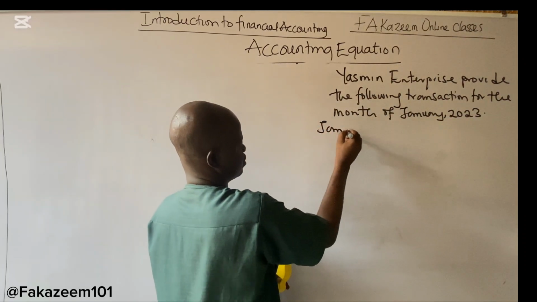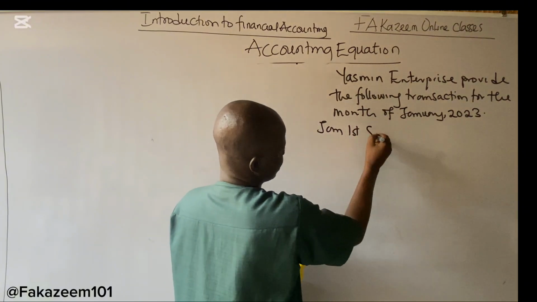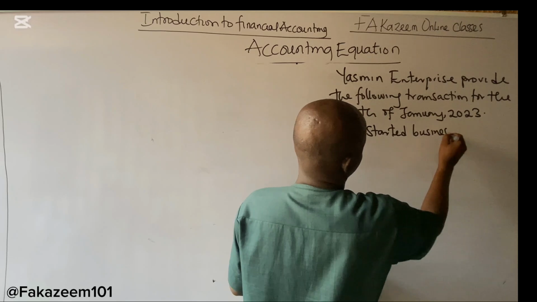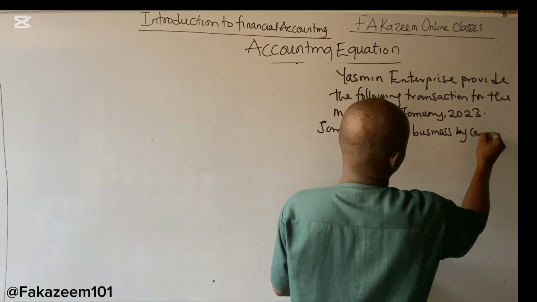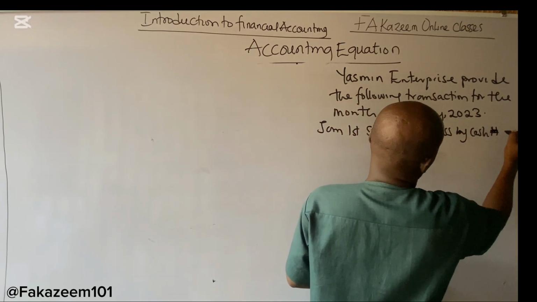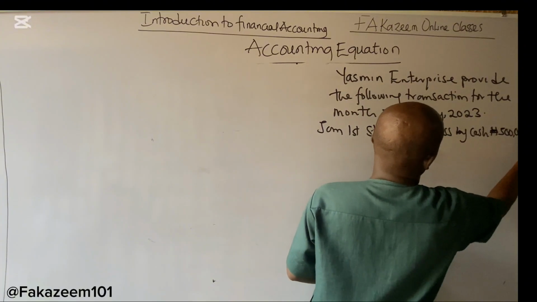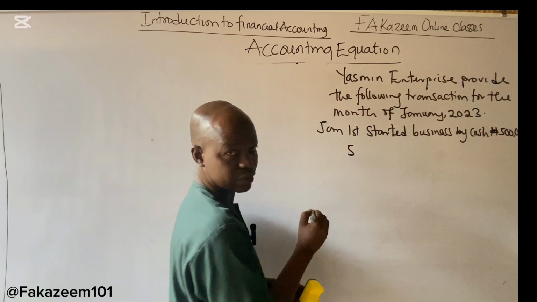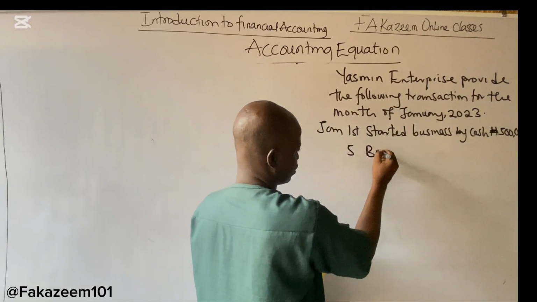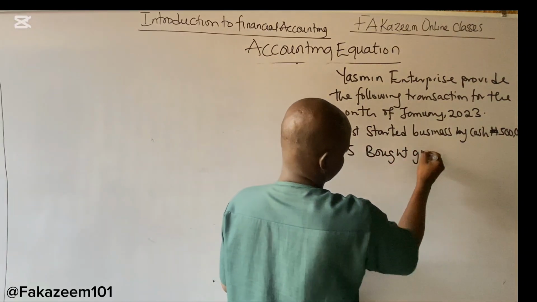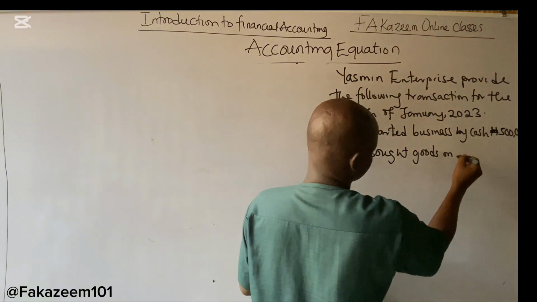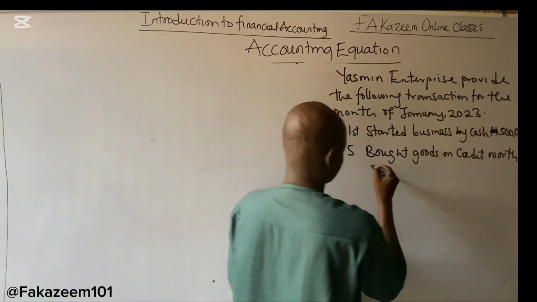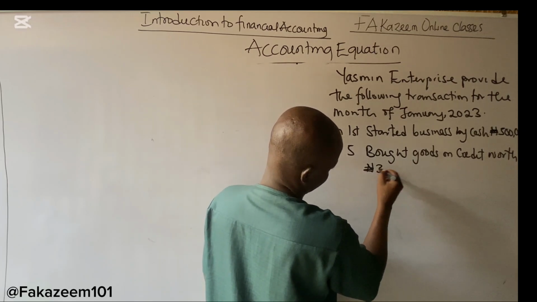On January 1st, started business by cash, 500,000. January 5th, bought goods on credit worth 300,000.